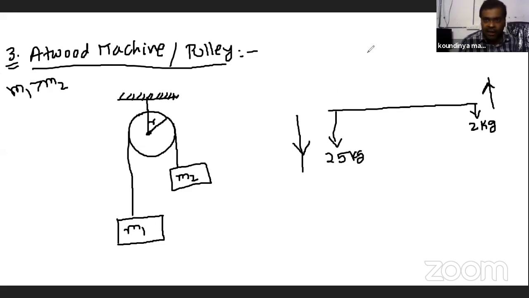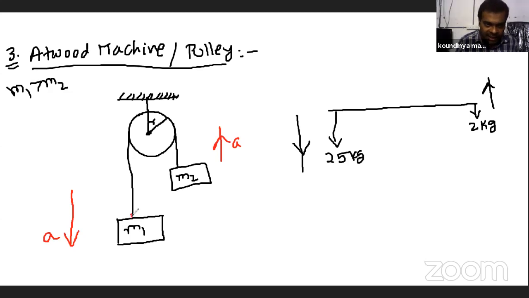Like that here also, M1 is greater than M2, so M1 will accelerate down and M2 will accelerate up with the same acceleration.